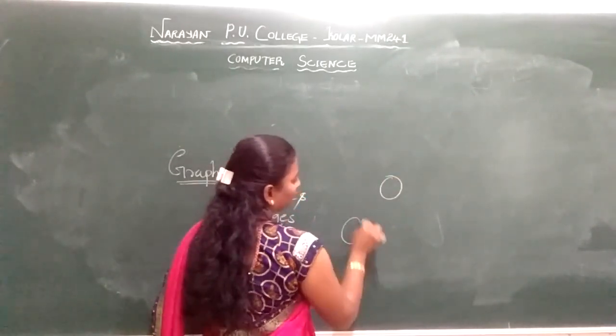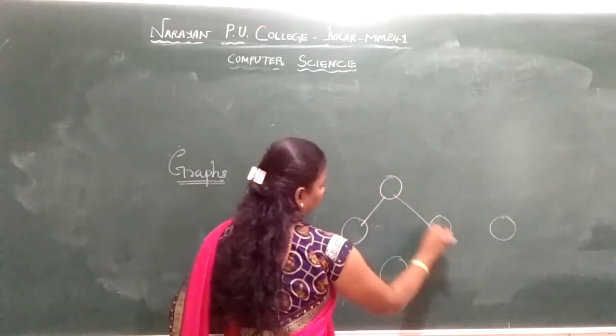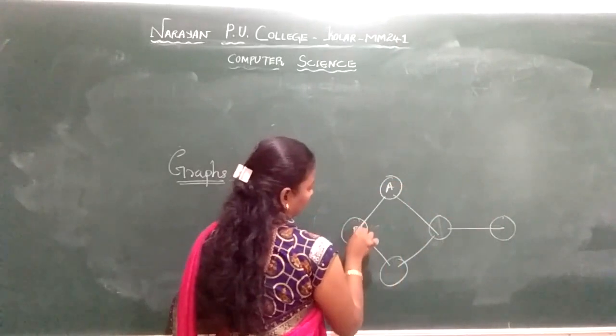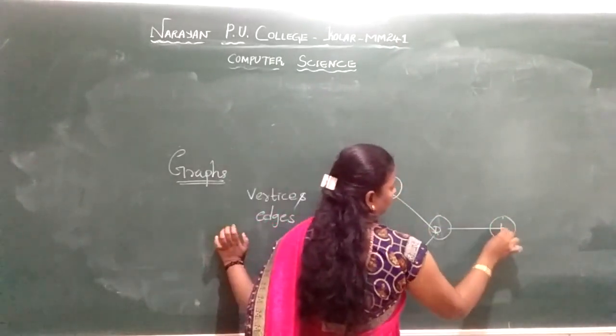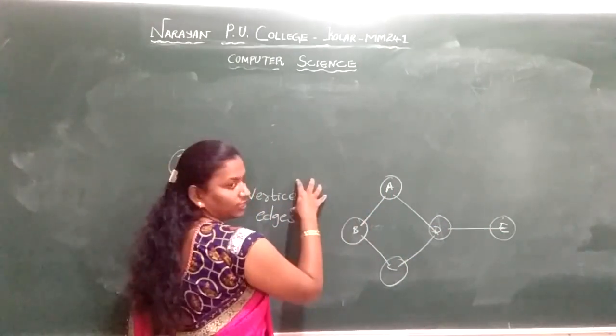For example, if I take a graph like this. Here the node we call the vertex.